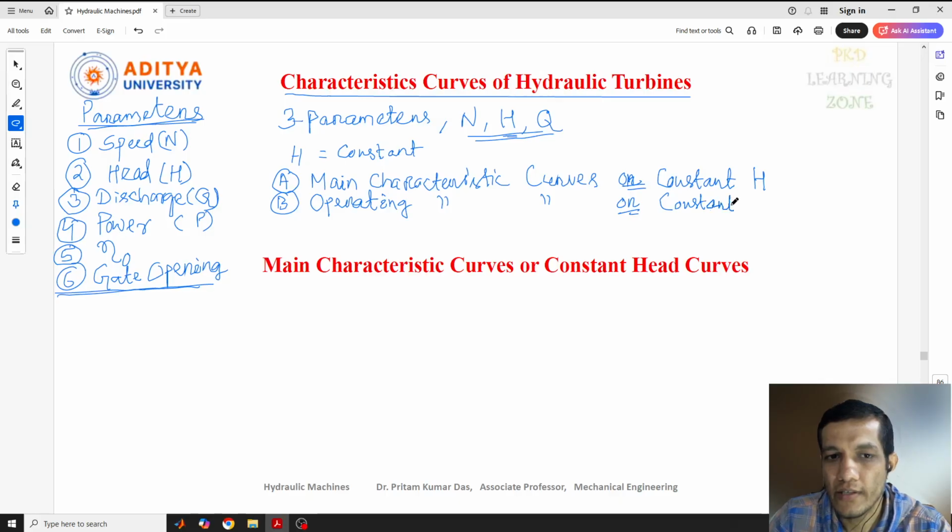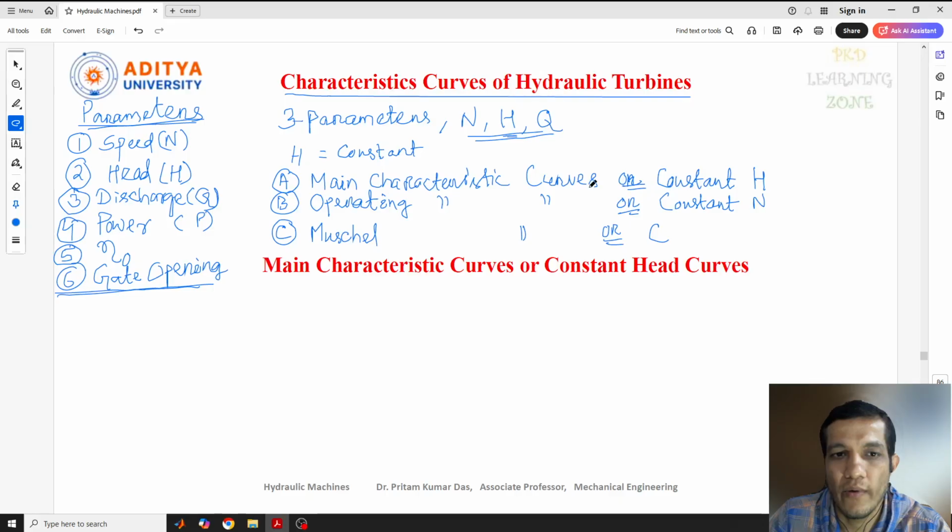The second one is the operating characteristic curve. In this we consider constant speed. The third one is Michel's curve. Here, H is gone, N is gone, and one more is there, that is our efficiency, not discharge.